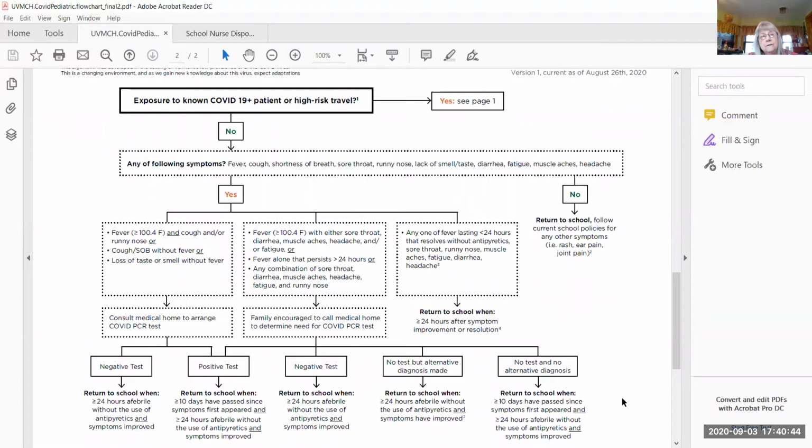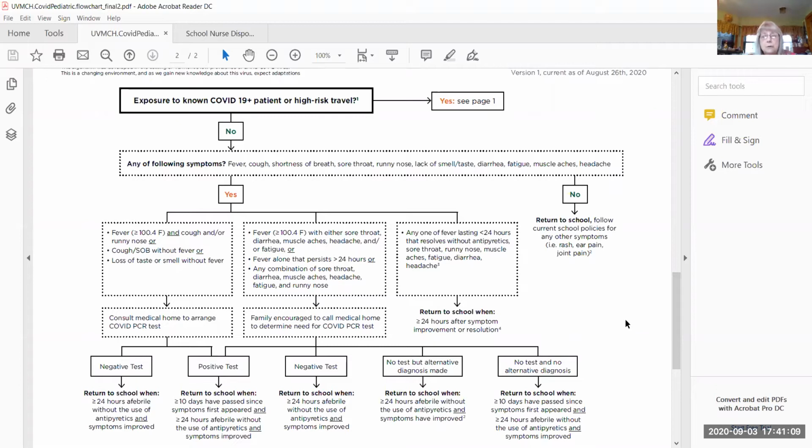But we want to have some kind of connection with the medical home for that child, because school nurses cannot diagnose, and this is a pandemic, so it's a different ball game this year. We're going to follow the algorithm here to figure out what we need to do with that kid.